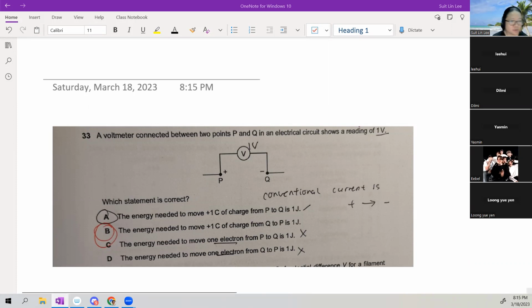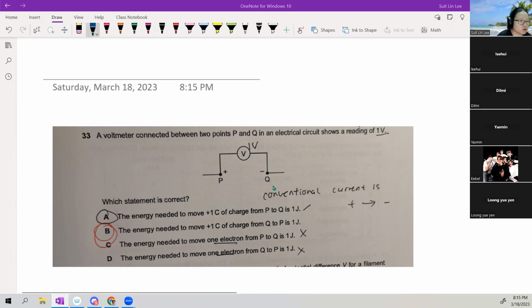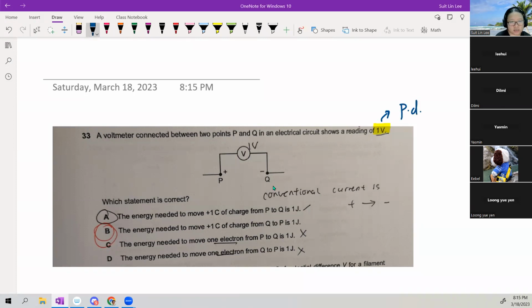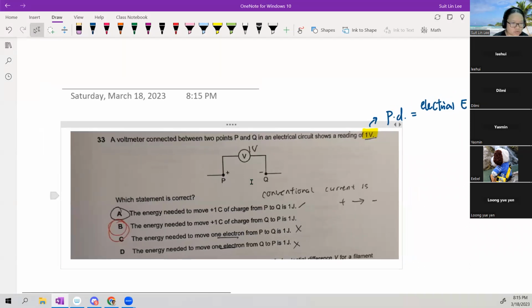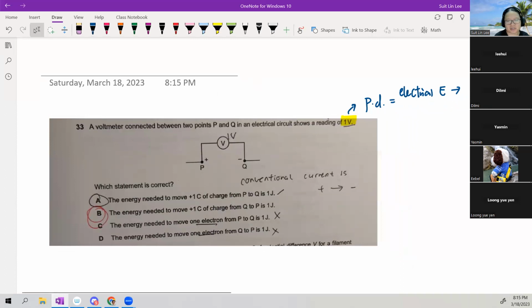Okay, anyway, this one is talking about the definition of 1 volt. The definition of voltage or potential difference is essentially the electrical energy converted to, well, it depends on what is between P and Q. If it's a resistor, then it will be electrical energy converted to non-electrical energy per unit charge.